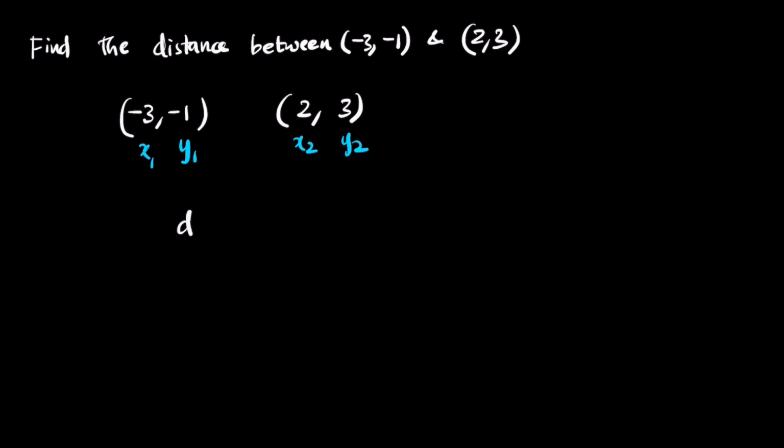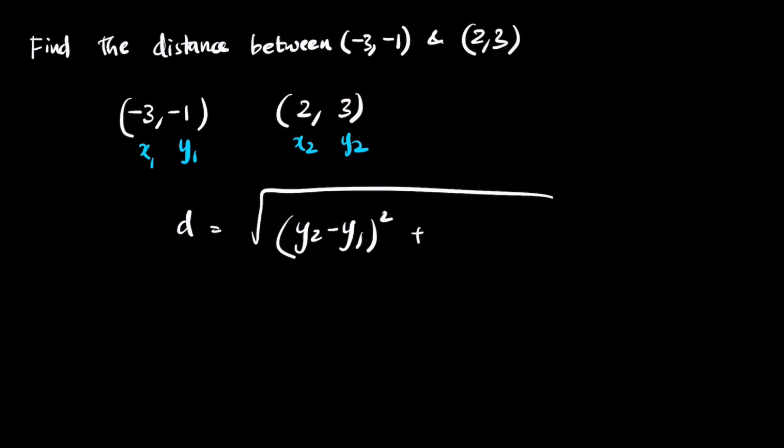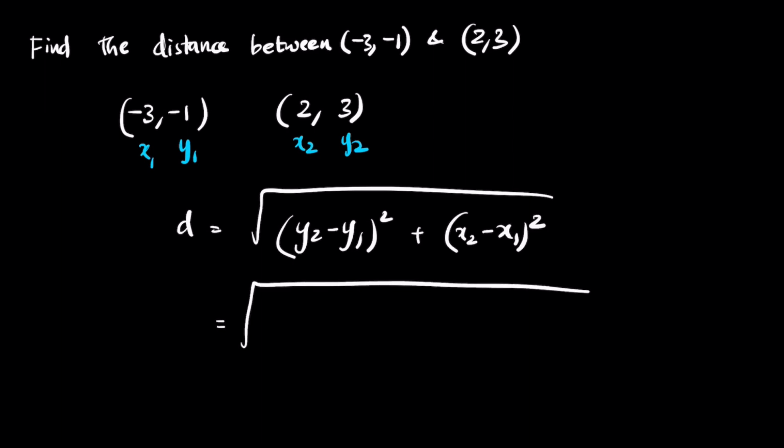Now distance d can be written as under root y2 minus y1 square plus x2 minus x1 square. So that is square root. So what is y2 here? y2 is 3. So 3 minus y1 is minus 1.